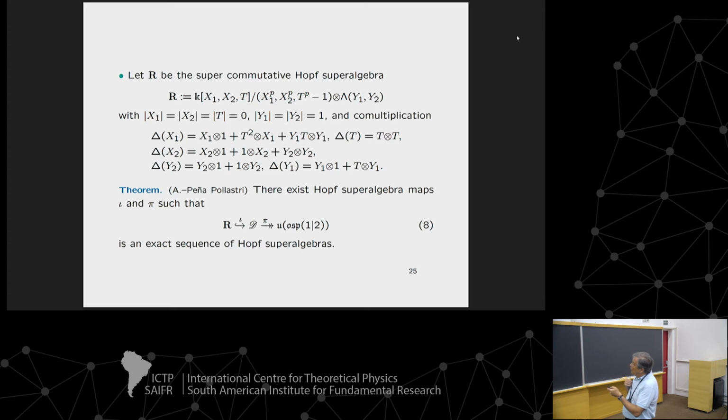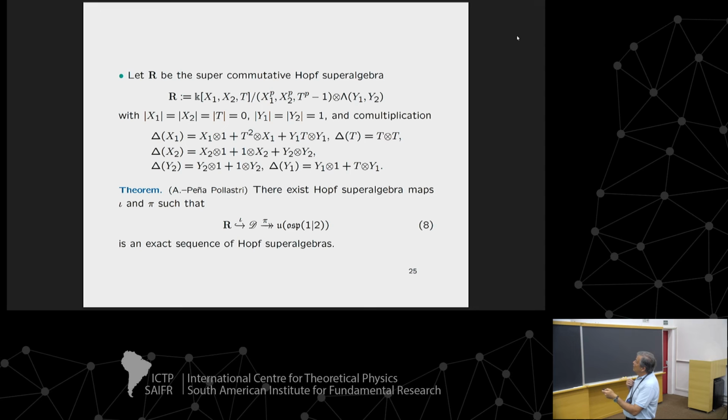Let R be the supercommutative Hopf superalgebra generated by 3 elements, x1, x2, and t, with relations x1 to the p, x2 to the p, t to the p minus 1. So this is commutative, this is the even part, and this is the odd part, the exterior algebra of y1, y2.